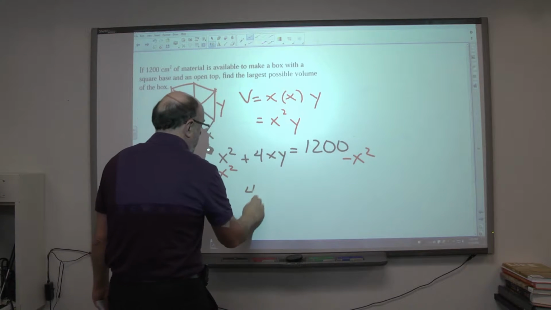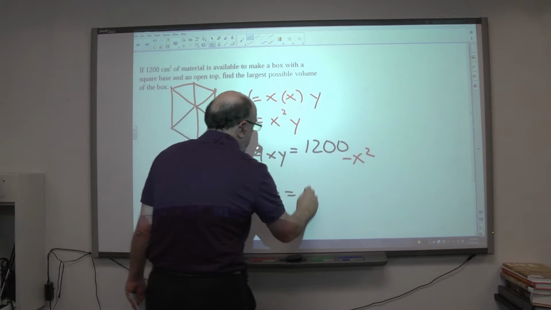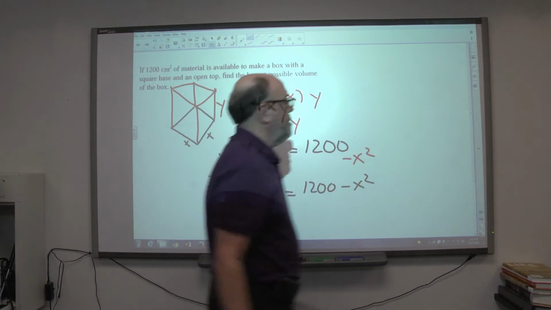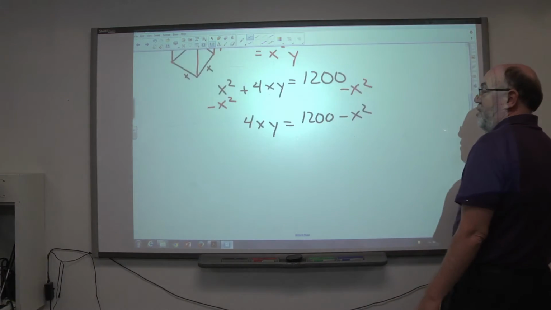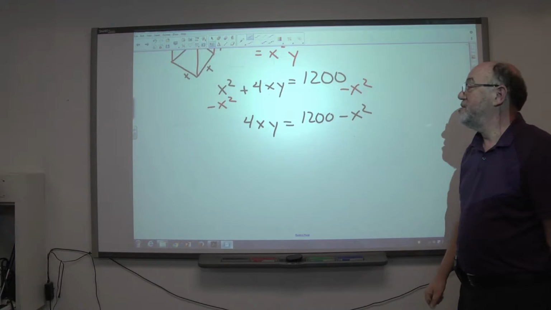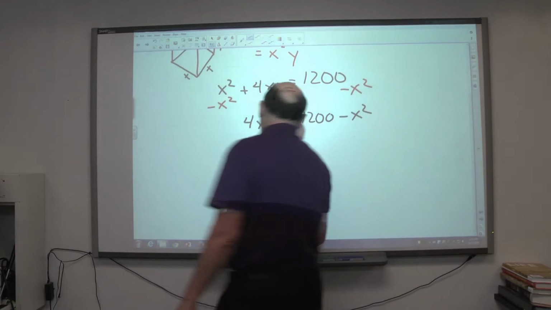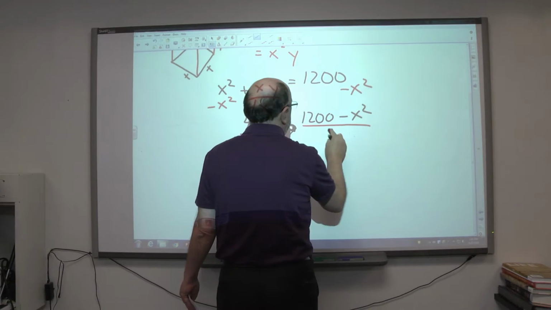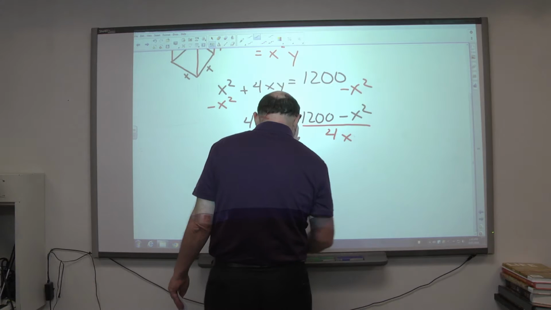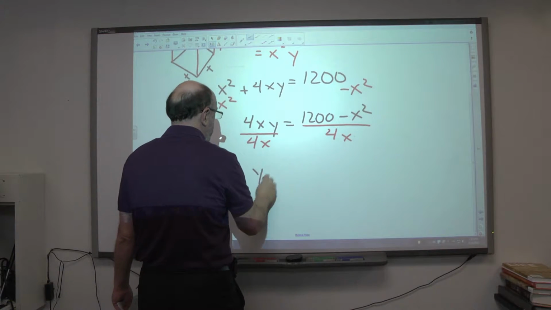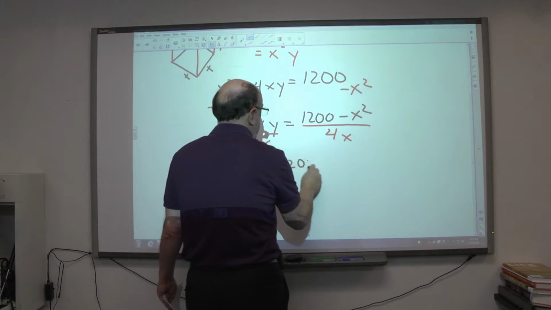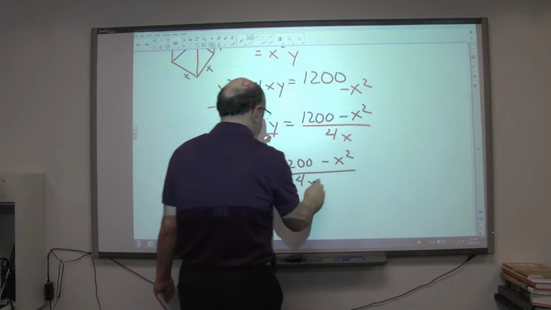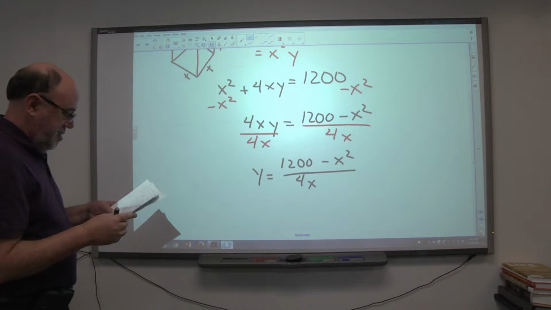So we get 4xy is going to equal 1200 minus x squared. Again, we want to solve for y, so the opposite of multiplying is to divide. So we're going to divide by 4x. So y is going to be 1200 minus x squared over 4x.